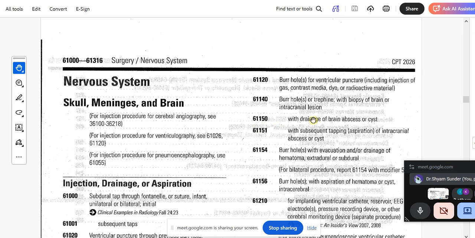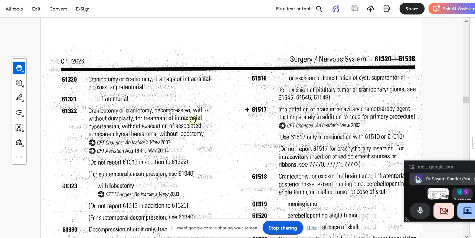Both are abscess. But what is the difference? This is burr hole; the approach is burr hole. Here, this is craniectomy. Okay, that's the approach.